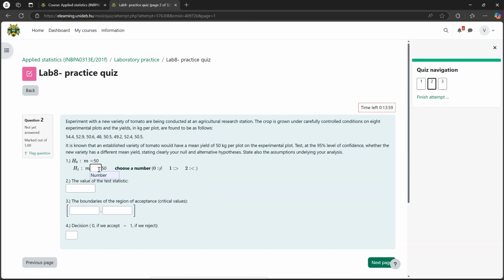That's the problem. 1 means bigger than, 2 means smaller than. So if you have this choice in the exam, I recommend you choose 0, which would mean you use both tails. But right now, since I am demonstrating, I will choose 2, which means the alternative hypothesis is only smaller than 50. So, smaller than, we use the left tail. So keep this in mind.